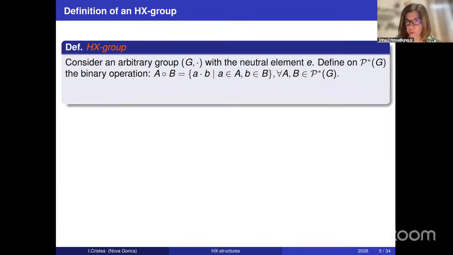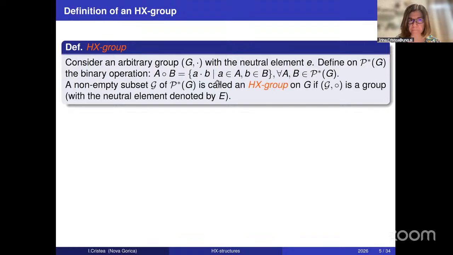So we start with a classical group G, where the neutral element is denoted by e, so neutral element or identity is the same. And on the set of the non-empty subsets of G, we define this binary operation. It has some similarities with the hyperoperation, but this is really a classical operation.